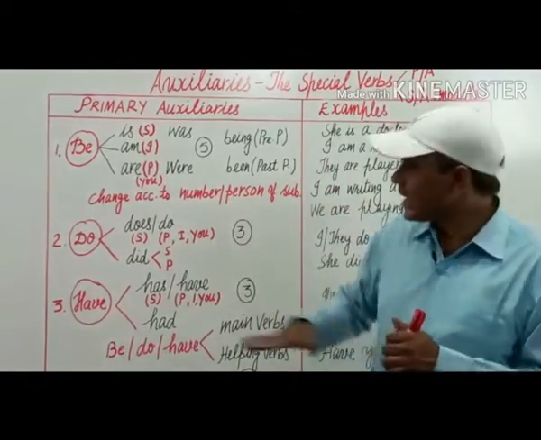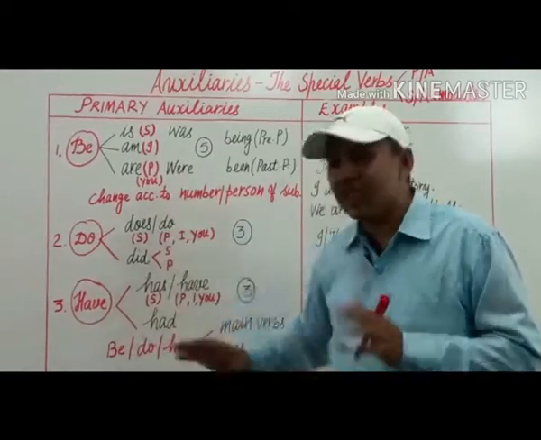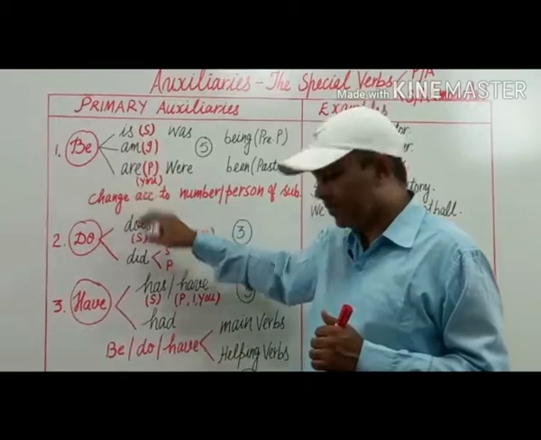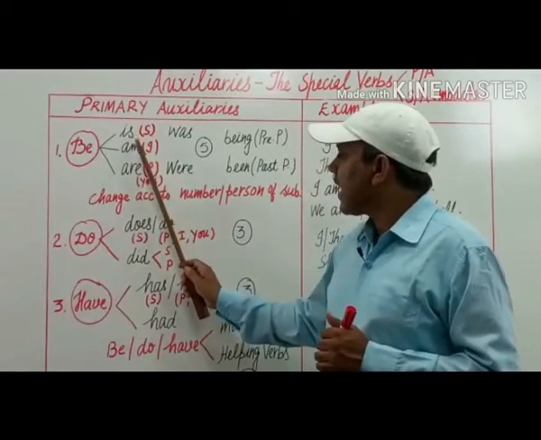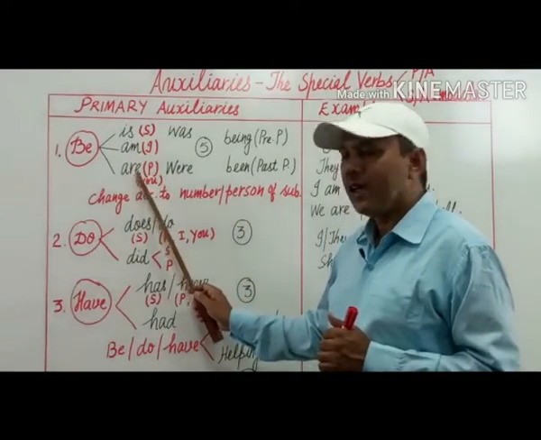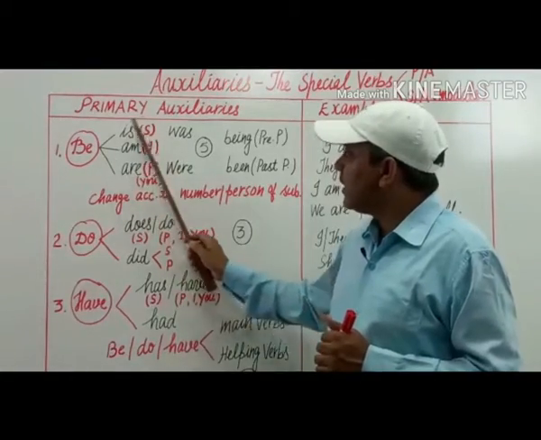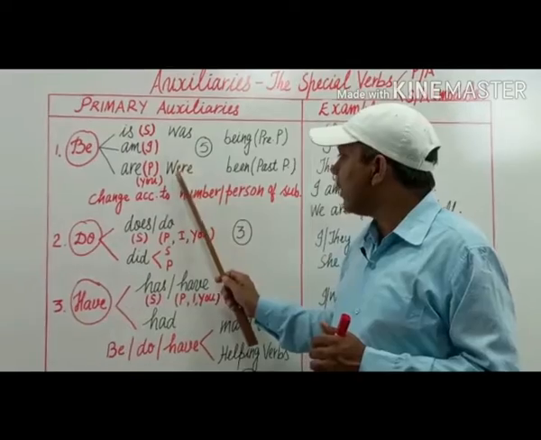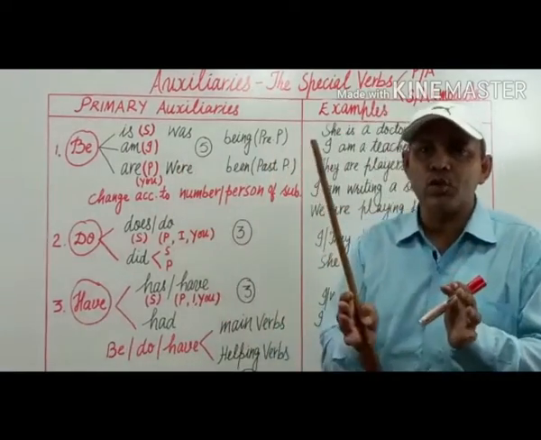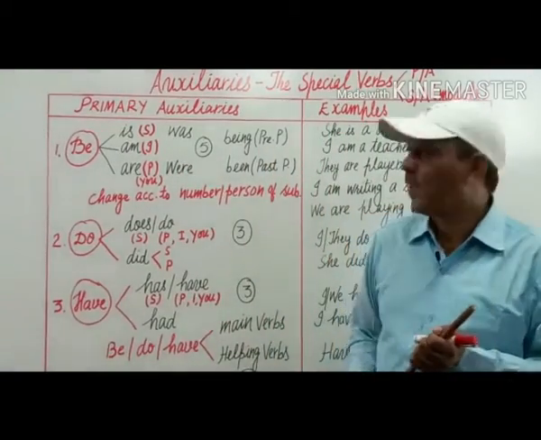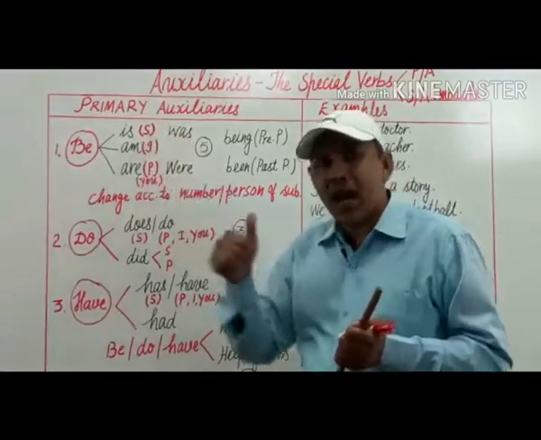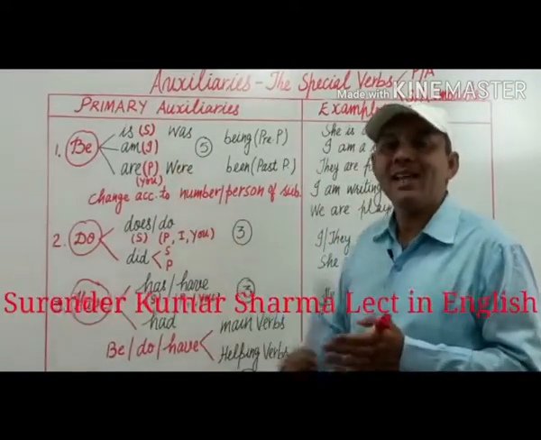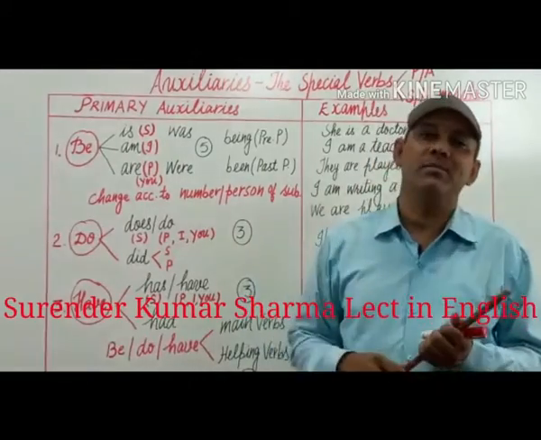Now, let us discuss these forms in detail. For example, be has 3 forms, is, am, are. These are used to show the present tense. Was, were, these 2 forms are used in the past tense. They can be used either as a main verb in a sentence or as the helping verb to the main verb.